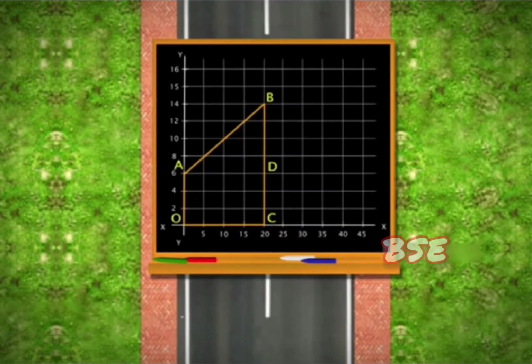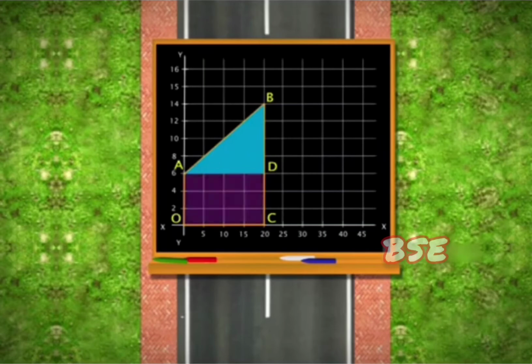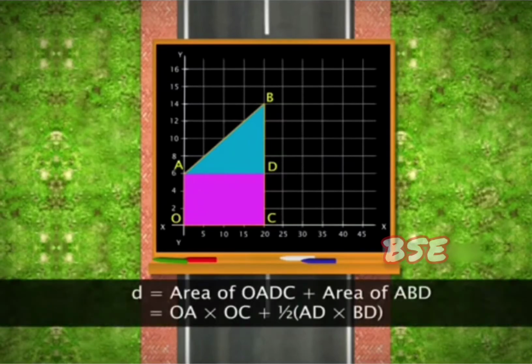OABDC is a trapezium. So the easy way to calculate the area of this is by calculating the area of this triangle ABD and this rectangle OADC, and then adding the two areas. So the distance traveled is the sum of these two areas.